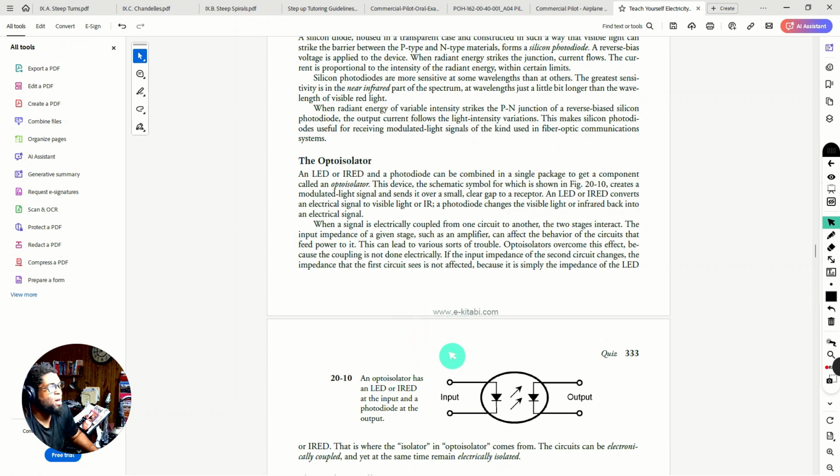It's a way to isolate two stages of a circuit: you put an input through this device, and the next stage receives that signal not through an electrical connection, but through the light.